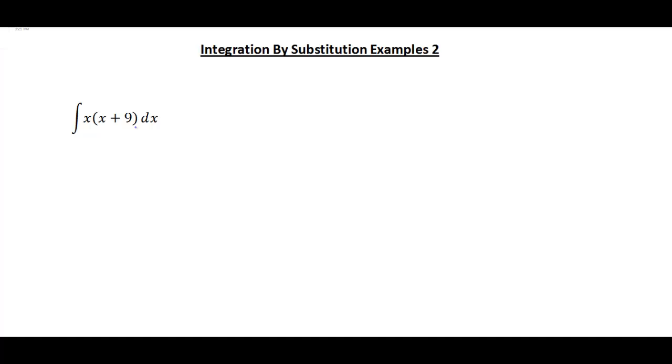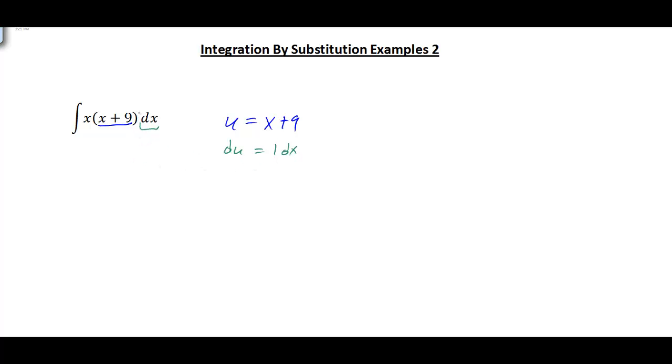Alright, hopefully you took the time to pause that to see what you'd come up with. For example, if you tried to let u equal this x plus 9, thinking this is the inside function here, then du would be equal to the derivative of x, which would just be 1 dx. And we look over here and say, well, if this is our u, x plus 9, then we have dx for the du.